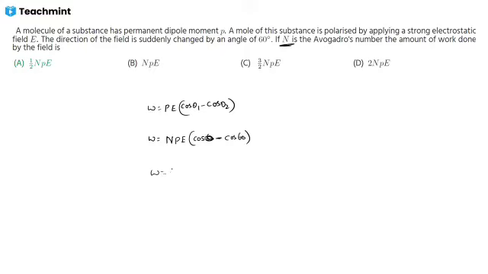Cos 0 is 1 and cos 60 is 1 by 2. 1 minus 1 by 2 is 1 by 2 only. So 1 by 2 NPE. So option 1. Let's move to the next question without wasting time.